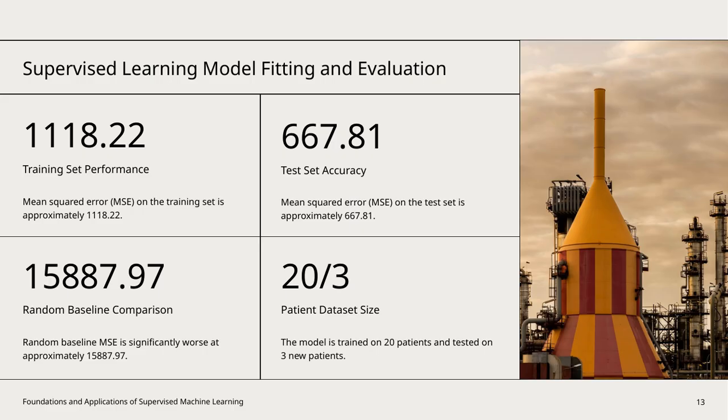The model was trained on data from 20 patients and tested on 3 new patients. This small but targeted sample helps us evaluate how well the model might perform in real-world scenarios where data can be limited. Overall, these results highlight the importance of evaluating both training and test performance, and they reinforce the value of our model's ability to generalize effectively.